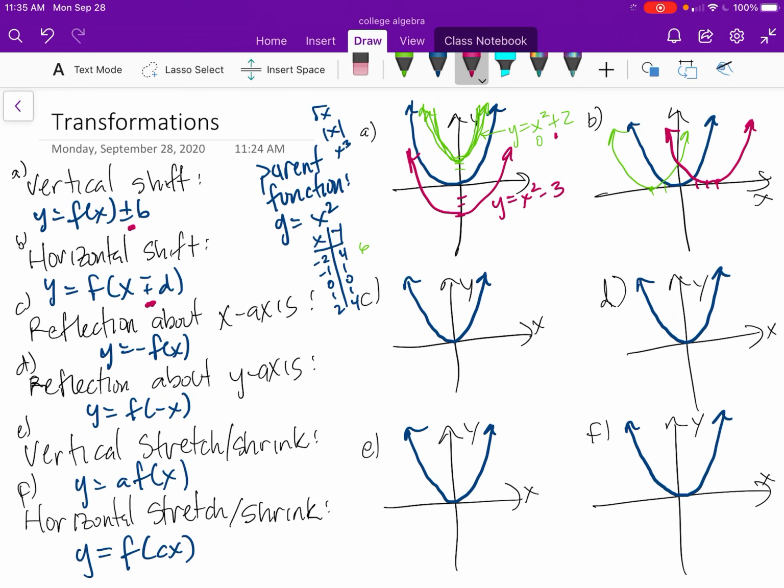The reason is that it is backwards when we look at the shift. You would think adding would move right, but in fact, to move to the right, it's a negative in here, and to move to the left, it's a positive.